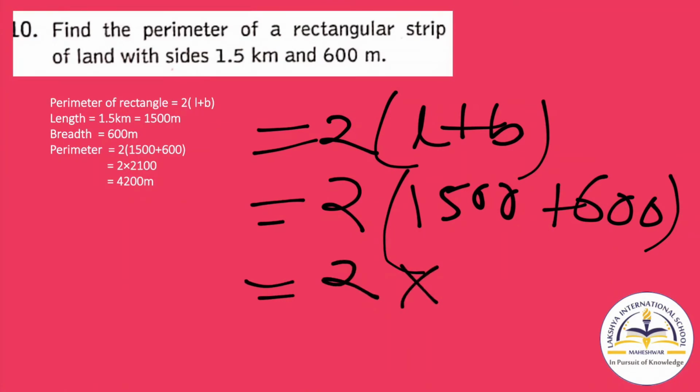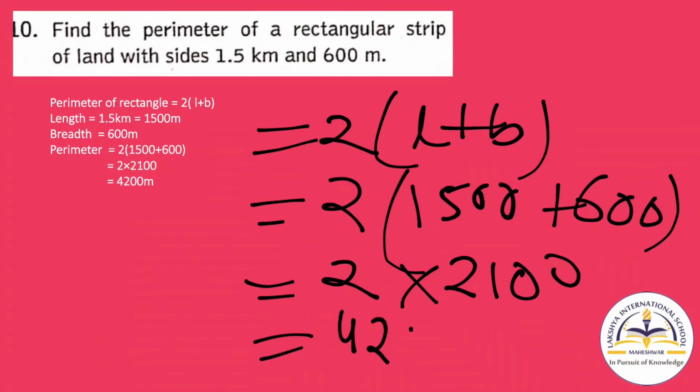Now 1500 plus 600, that will be 2100. Now you have to multiply 2100 into 2. It means 4200 meter. This will be the perimeter of rectangular strip of land.